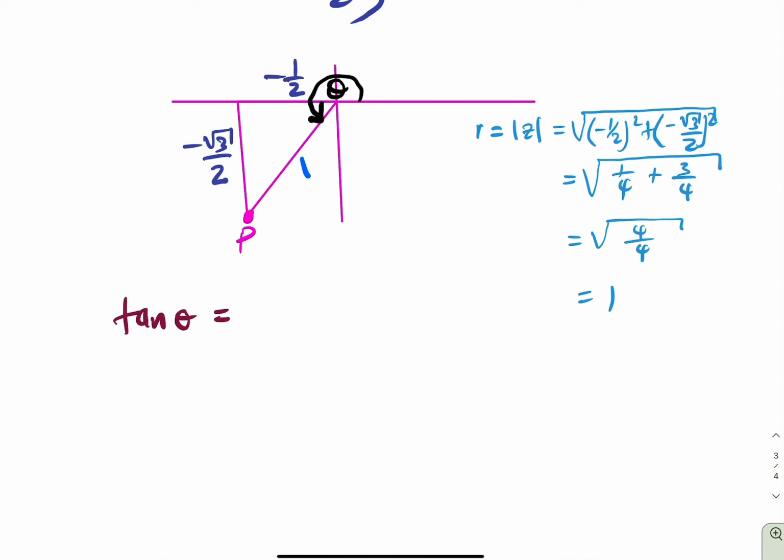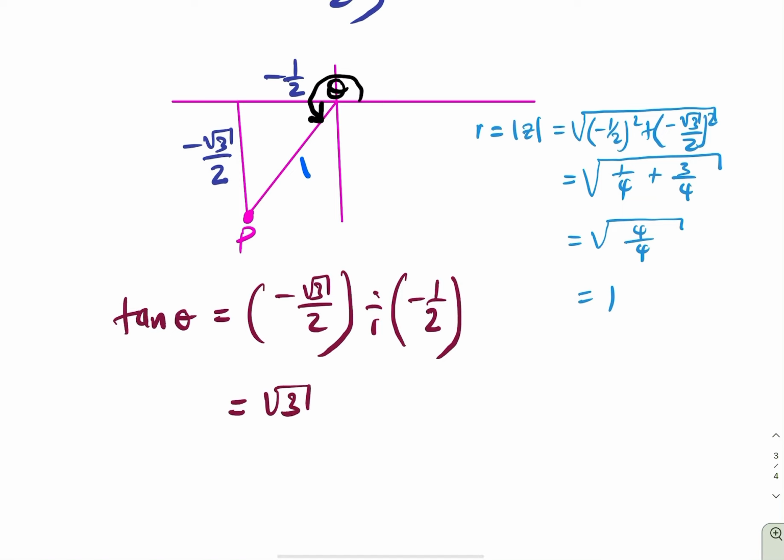The opposite is negative root 3 over 2, and I divide it by negative 1 over 2. If you simplify this, it's going to give you positive root 3.